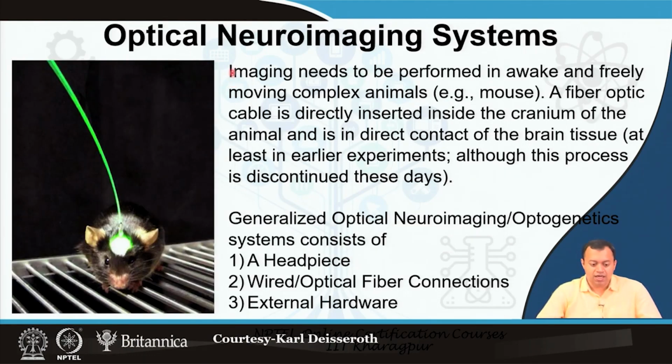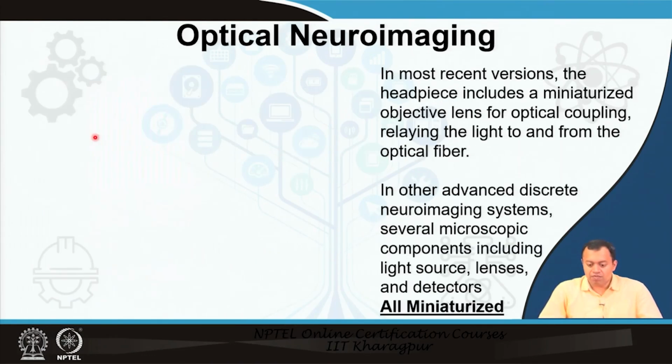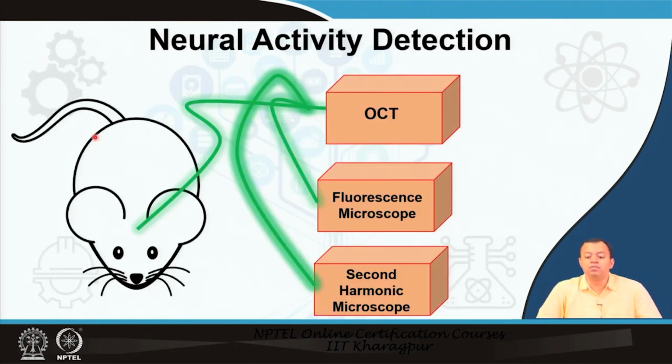such as this, this optical fiber can very well then be connected to several different hardware. You can connect it to an optical coherence tomography machine. Coherence tomography, I think we discussed OCT. You connect with a fluorescence microscope. You also connect with the second harmonic microscope, the one which works on non-linearity, and try to understand the signal that is coming out by exposing the mouse brain.